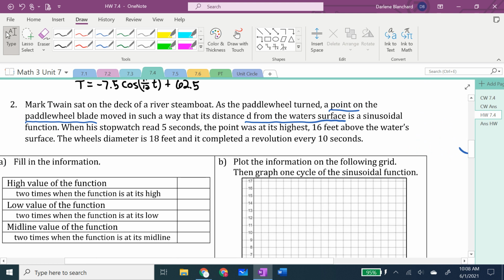Those are easier to find. And I see highest is 16 feet above the water's surface. That's my high number.